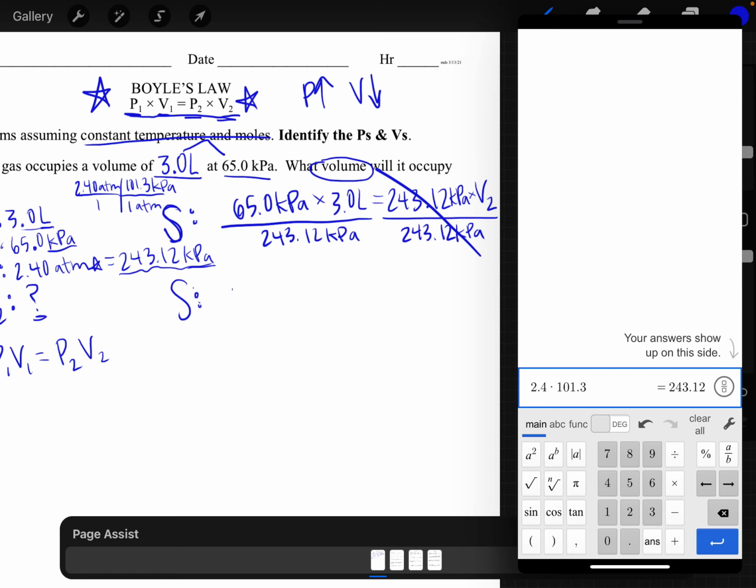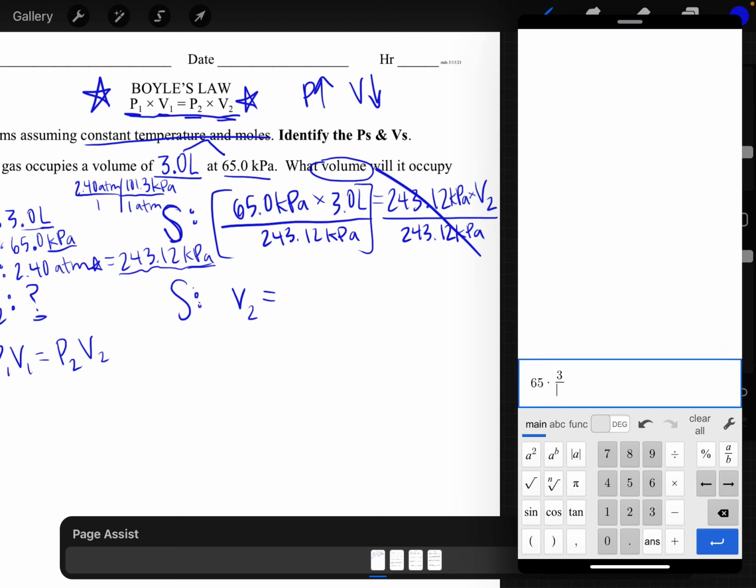Those cancel out. And now I'm left with my volume, and I just have to plug this fraction into the calculator. So I'm going to say 65 times 3 divided by 243.12. And this becomes 0.80 liters.